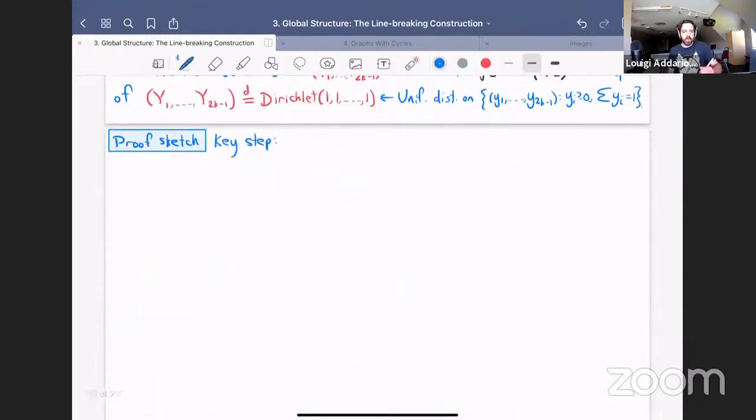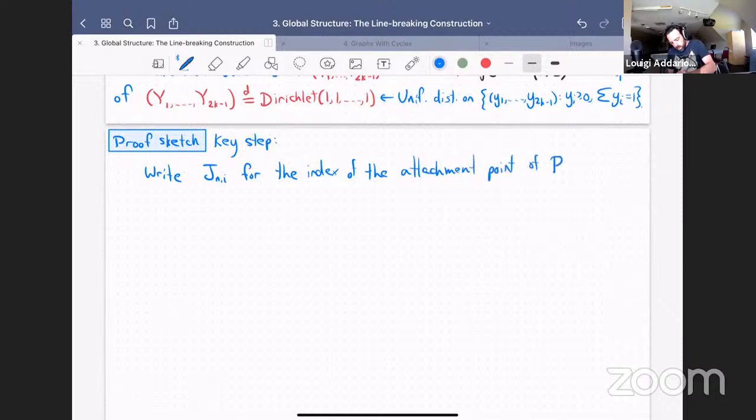And so that's really the key missing ingredient in order to understand the whole distributional convergence in that somewhat wordy theorem. So if we write J_N^i for the index of the attachment point of the ith branch, remember, this was the branch leading to the ith smallest leaf, so to L_i.